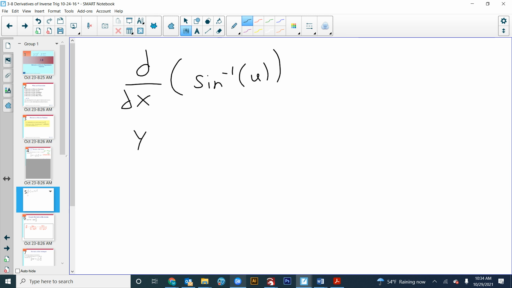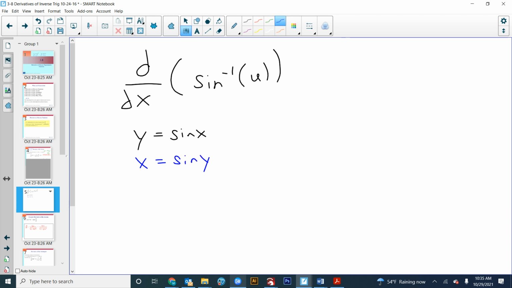Well, if y equals sine of x is the regular sine of x function, I want to find first the inverse of sine and then take the derivative of the inverse of sine. What's the inverse of sine of x? Well, Kylie told us to find the inverse, switch x and y.